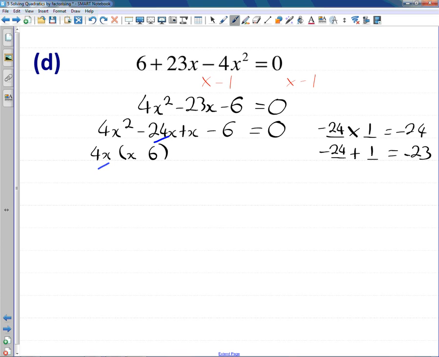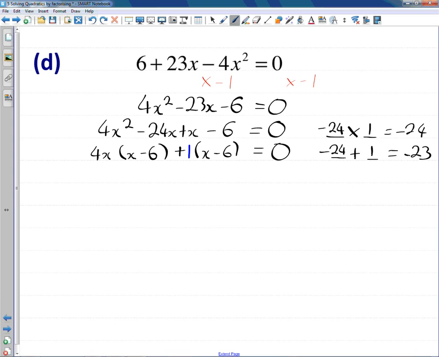So 4x times 6 is 24x. I now just need to think about the signs. And technically we need to factorise here, but nothing actually factorises out. Well, I say nothing. Of course, 1 actually factorises, but we don't really need to put the 1.